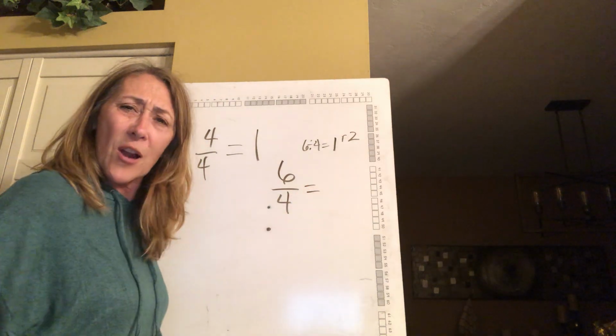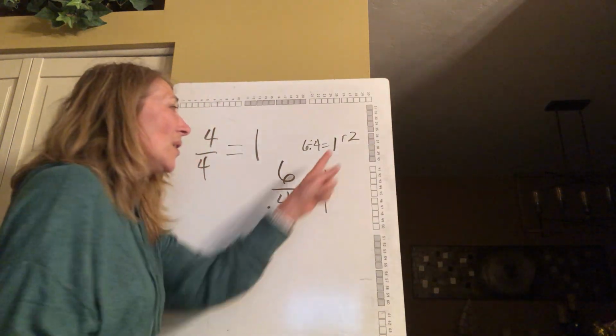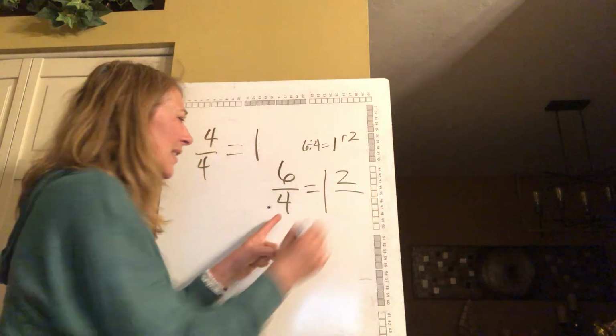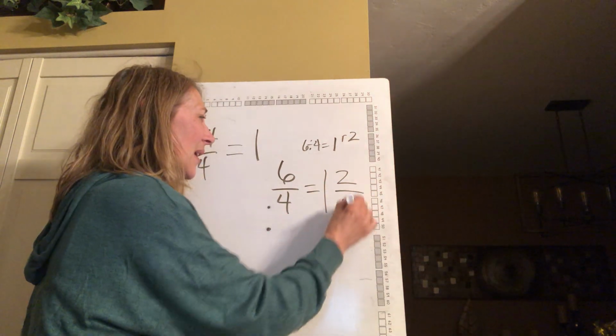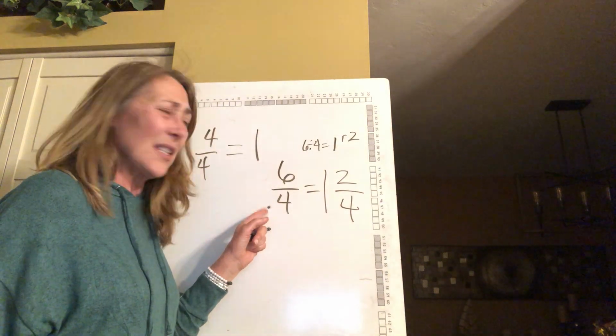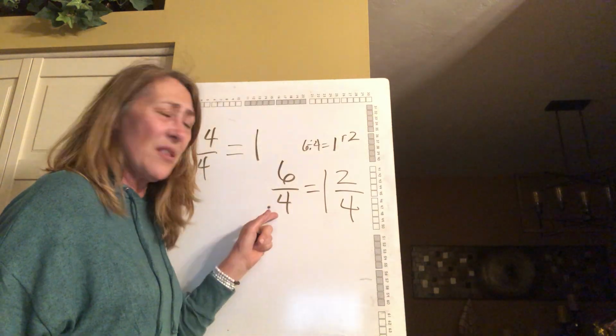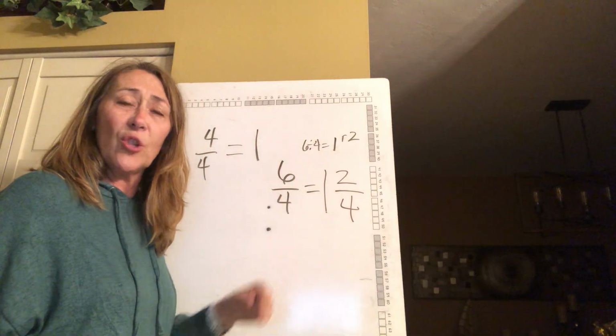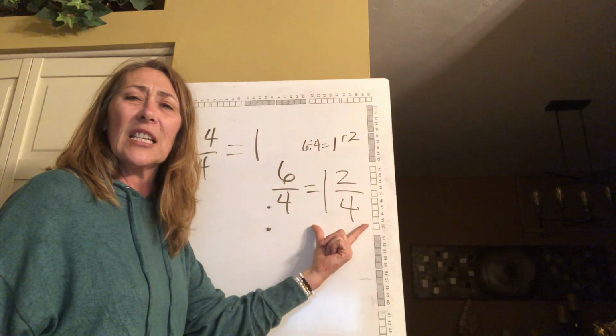So 6/4 equals 1 whole, 2 pieces that remain or are left, and what size are they? Fourths. So 6/4, which is a fraction greater than a whole, is equivalent or the same as 1 whole and 2/4, or a mixed number.